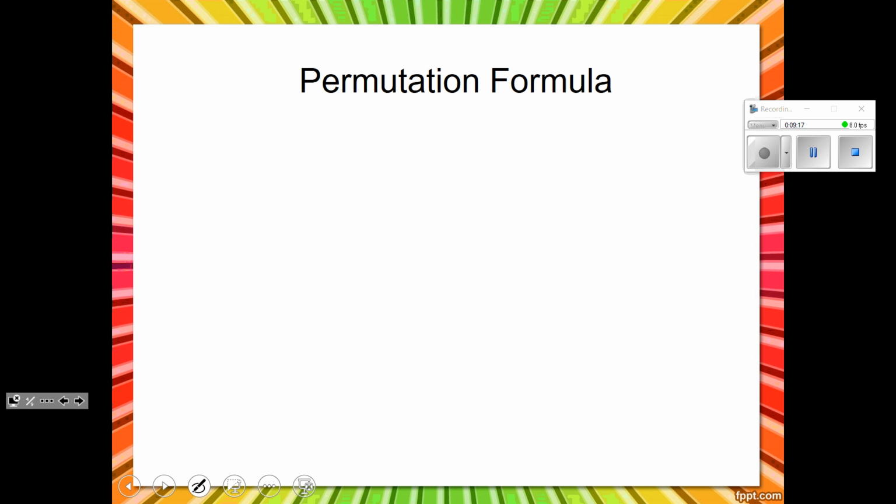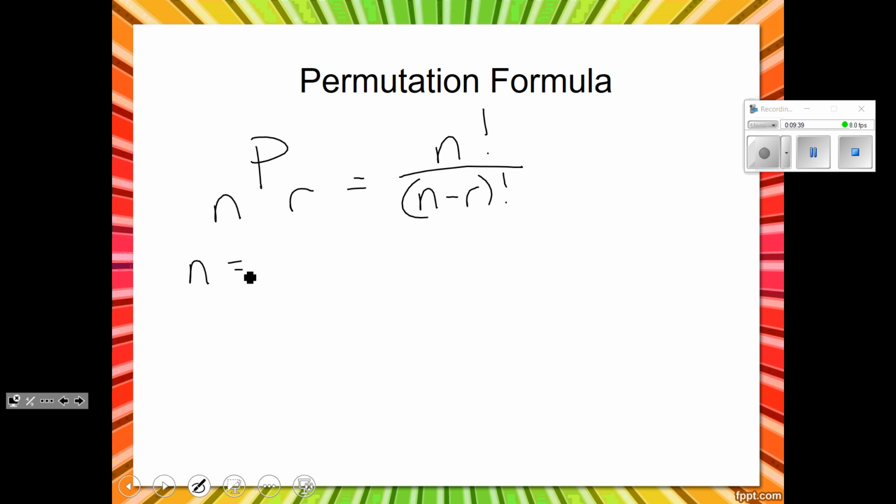All right, so we're going to actually look at some formulas for permutations. And it looks like this. I do believe this is on your formula sheet. Yes, I do agree. No, P, that is permutation. P stands for permutation.